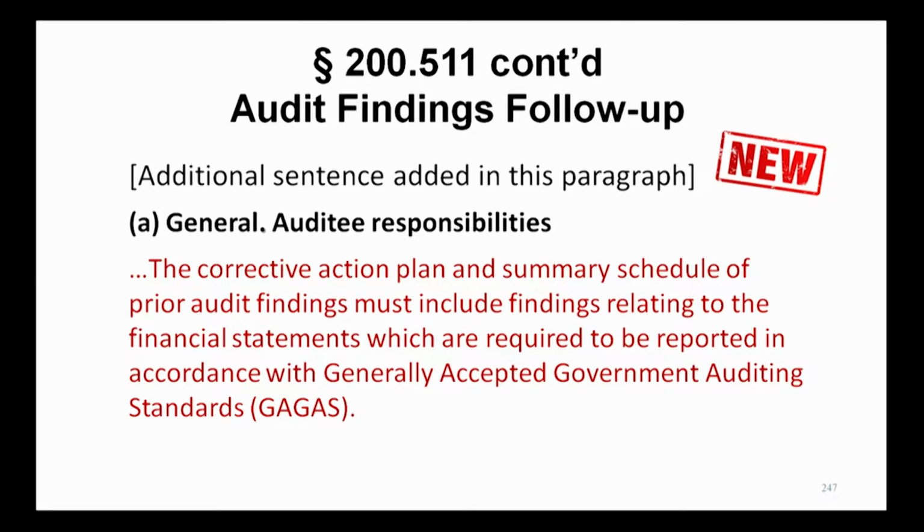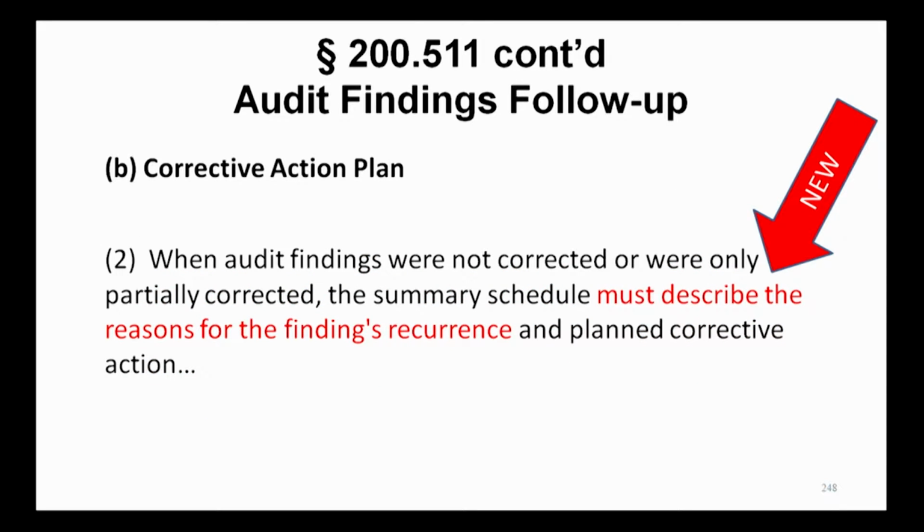So this is in reference to we're required to provide a corrective action plan. When we receive a finding, it's our responsibility as an auditee to prepare a corrective action plan. And so what this is saying is our corrective action plan that we develop must be related specifically to those cited audit findings. And it's got to meet these specific requirements.